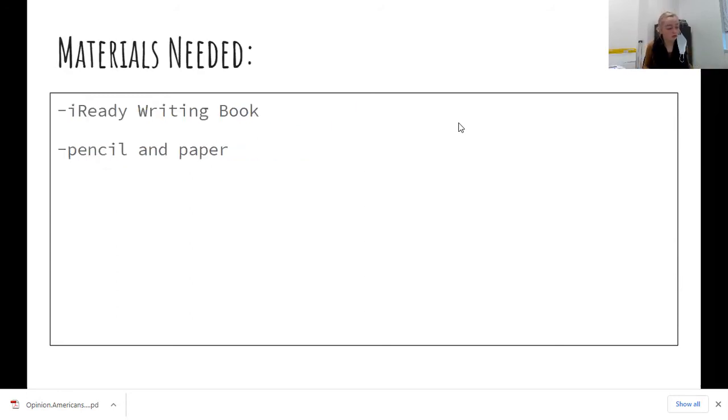Today you will need your iReady book, your writing book that we've been using. And you will also need a pencil and paper. If you open up your writing books to page 8 and 9, we are looking at the writing path again.